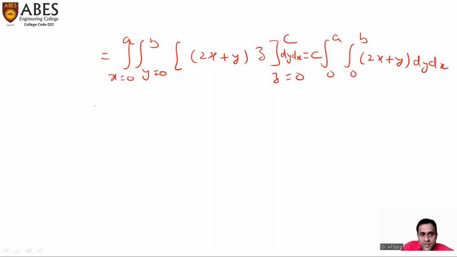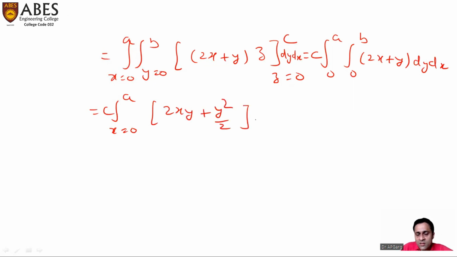Let us integrate with respect to y. Then it will be x equals 0 to a, and for y it will be 2xy plus y square by 2, with limit y equals 0 to b, and lastly we will integrate with respect to x after putting the limits. Correct.